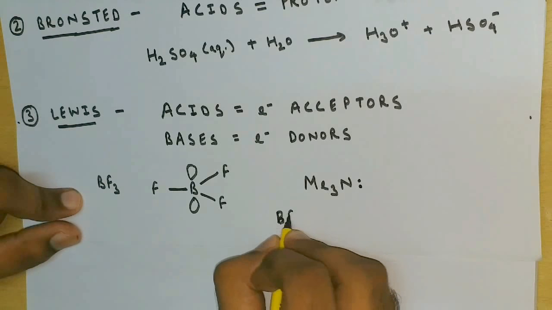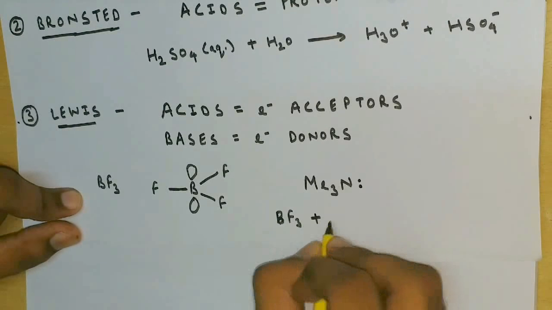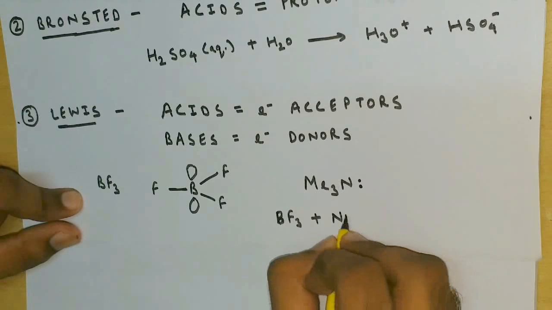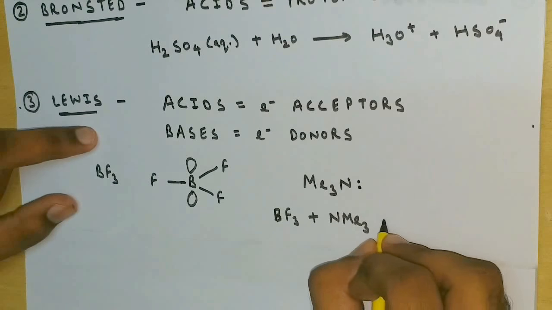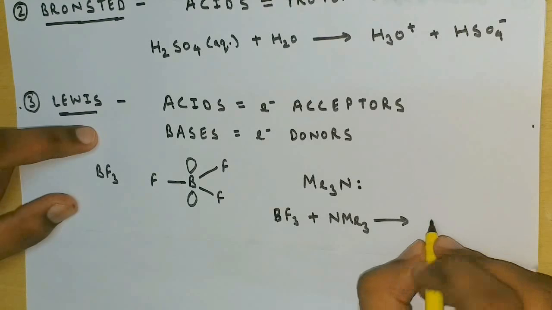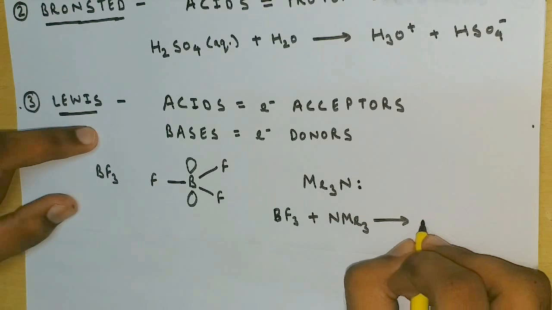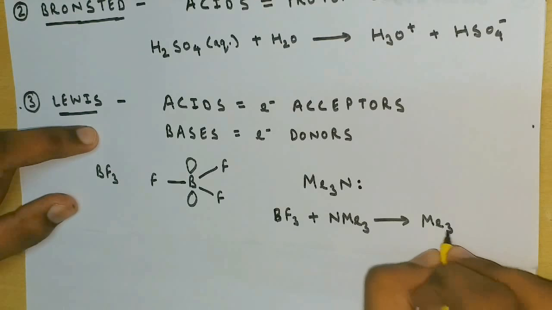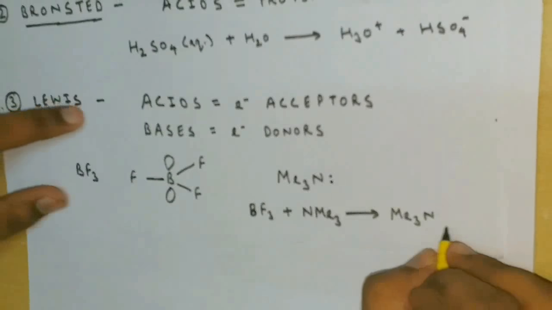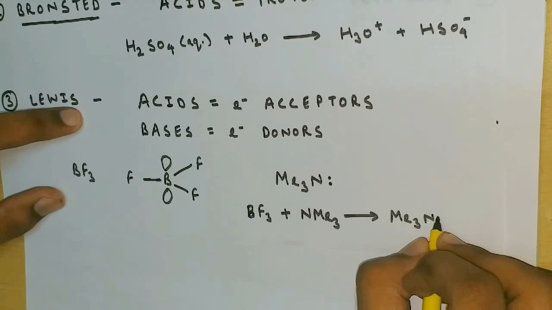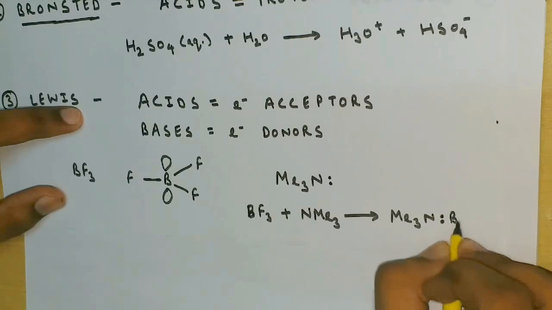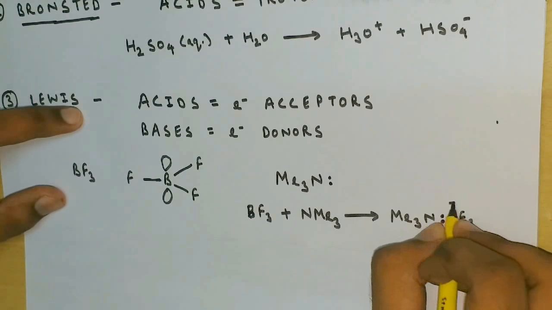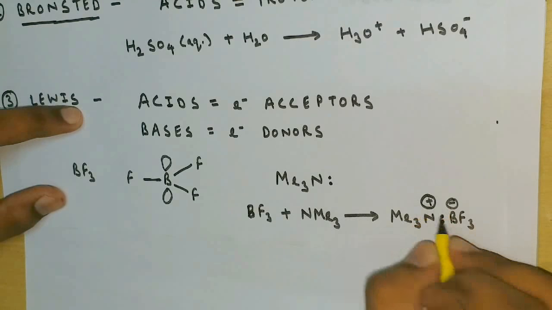Boron trifluoride reacting with trimethylamine gives a coordination complex of both these compounds. These are attached by a shared electron pair. So this was all about the introduction.